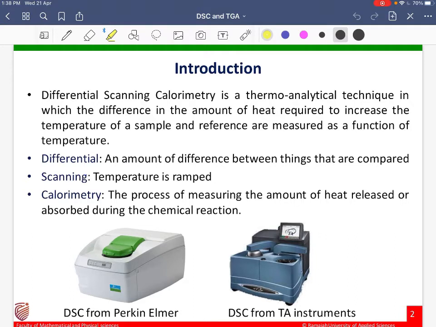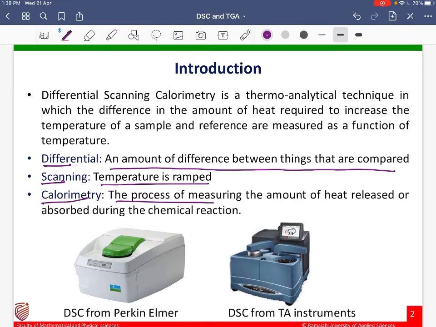Why the name differential scanning calorimetry for this technique? Differential means an amount of difference between things that are compared. Scanning means temperature is ramped. Calorimetry means the process of measuring the amount of heat released or absorbed during a chemical reaction.